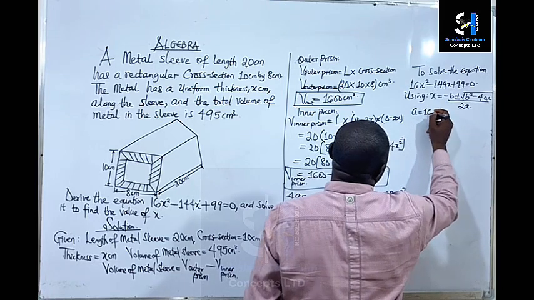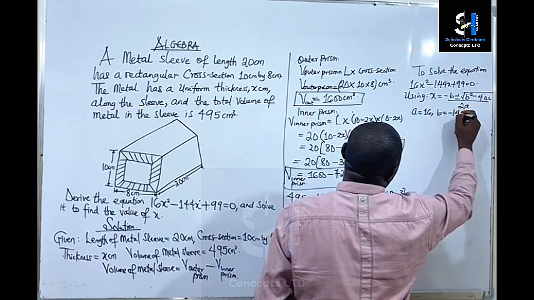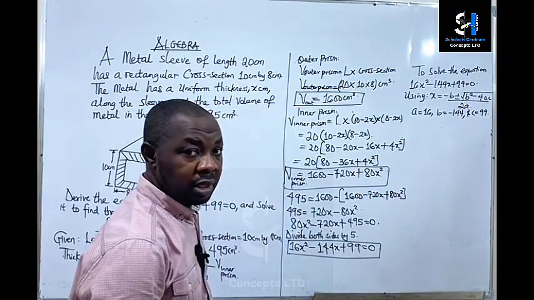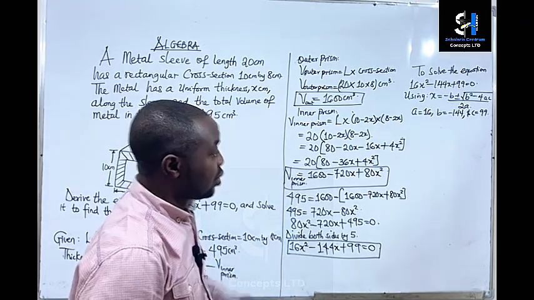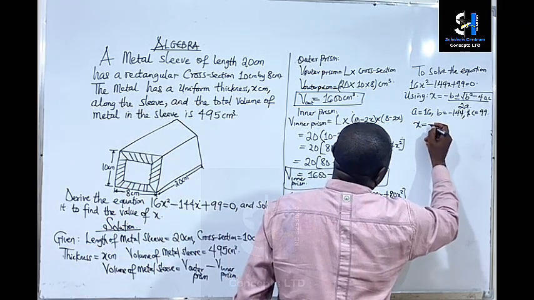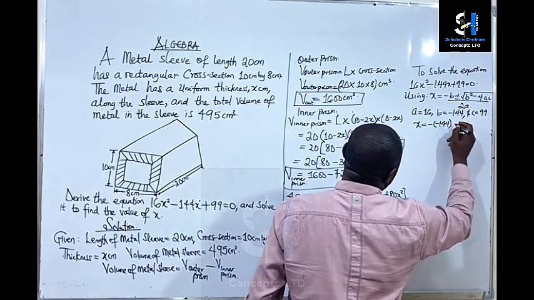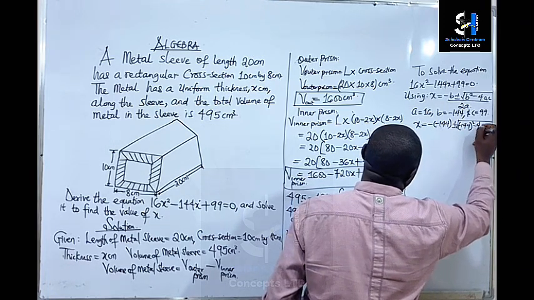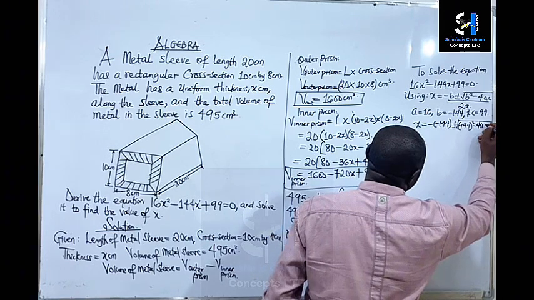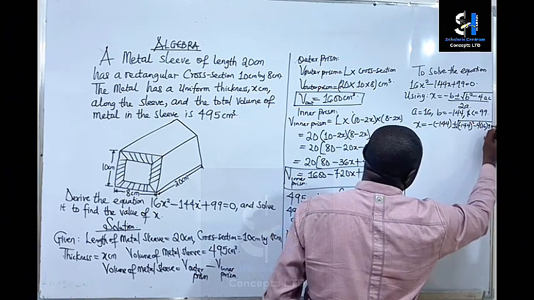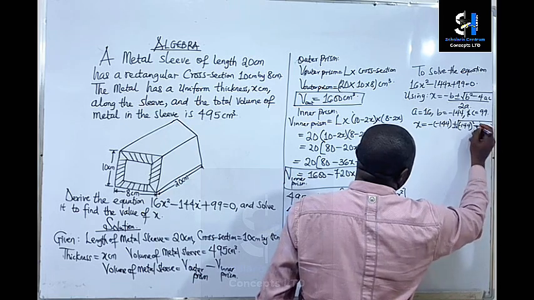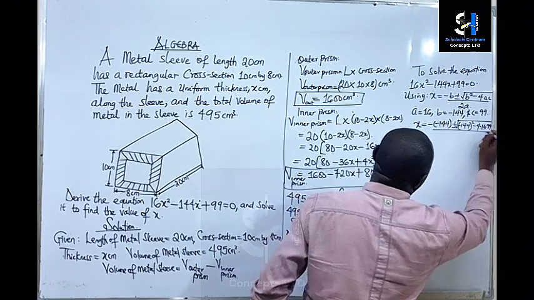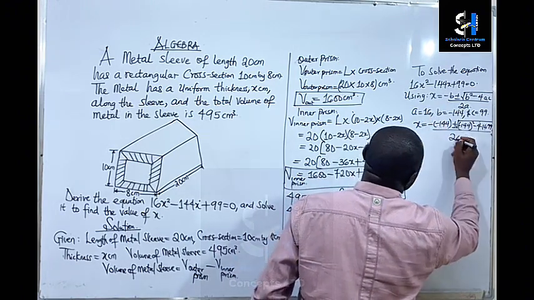So a equals 16, then b will be 144, while c is 99. Okay, so now we can just plug in the values. So x will be equal to minus negative 144 plus or minus the square root of 144 raised to the power of 2, then minus 4 times 16 times 99, all over 2 multiplied by 16.